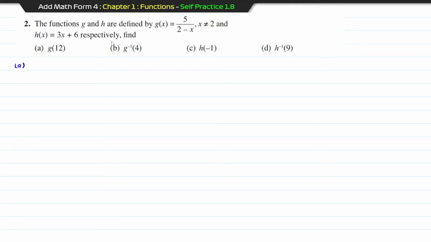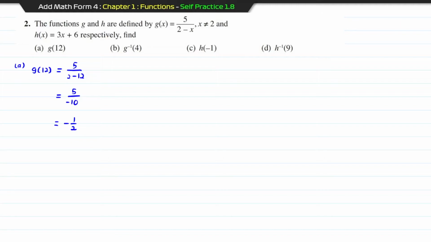You have the function g here, and the input is 12, right? So the x here, we're going to replace with 12. So you're going to have 5 over 2 minus 12. 2 minus 12 is equal to -10. Simplify this, and you will have the answer of -1 over 2.